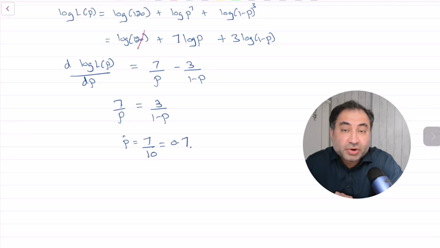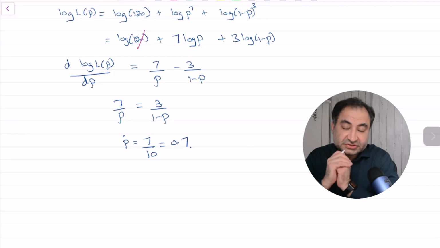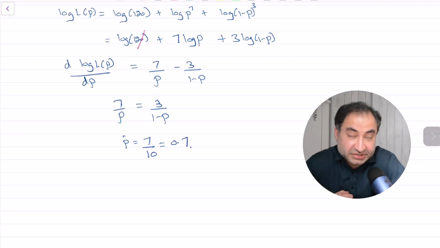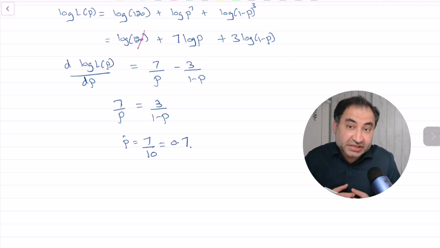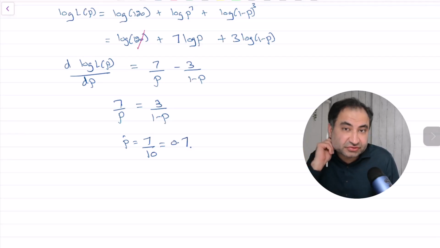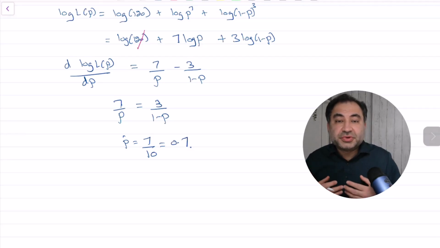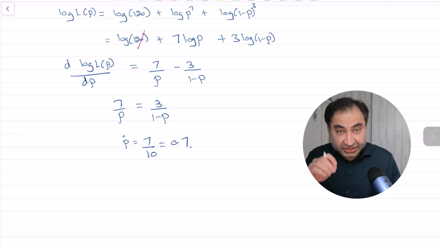Now let's talk about why we take the logarithm. There are multiple reasons. The first is that it helps us convert products into sums. It simplifies the math, and the likelihood function will most often contain lots of product terms. Think of a likelihood function, which is the probability of the data that you observe for a given parameter.